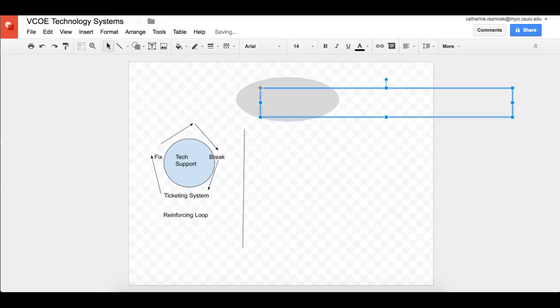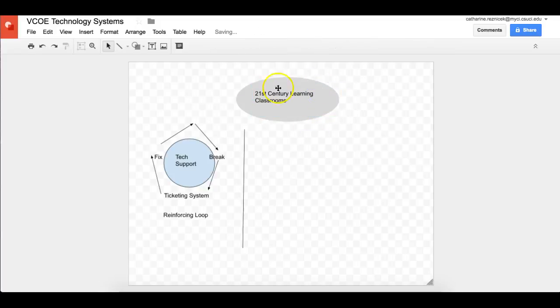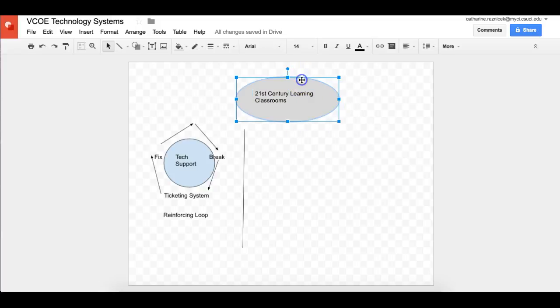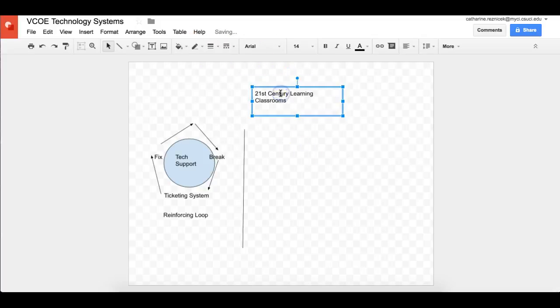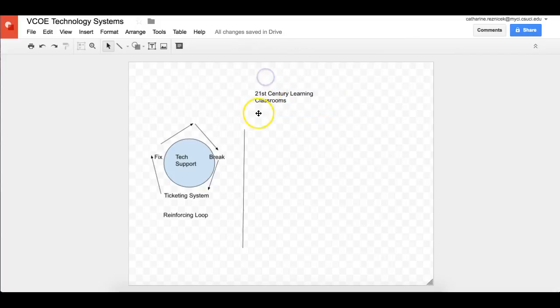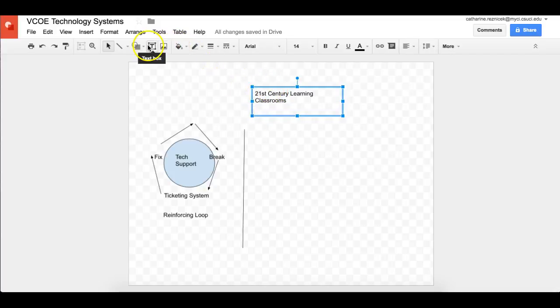What I see in here is what we hope for, our aspirations for 21st century learning classrooms, right? So in some sense, I think we're aspirational here. I would like to think that this is where we're going to be at some point someday. Oh, and I just lost my shape. Sorry.